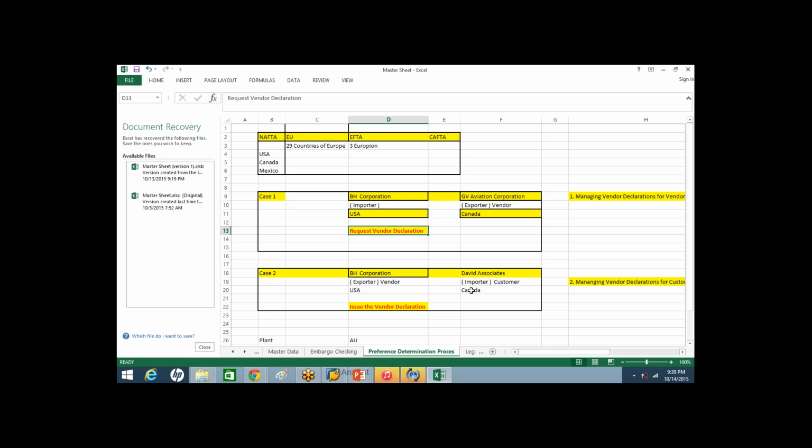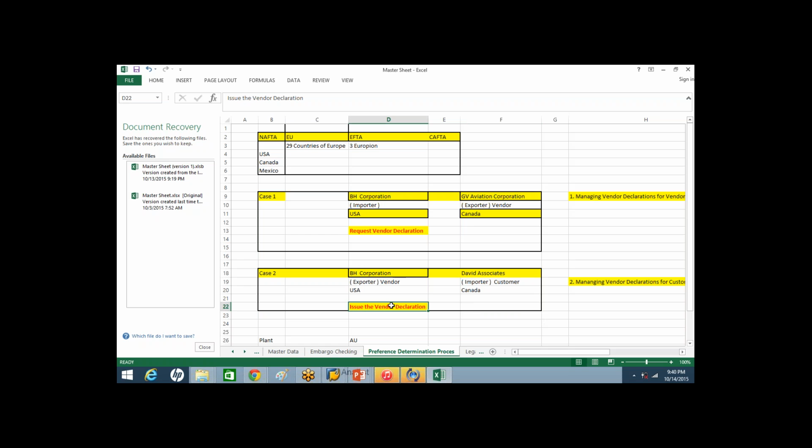The importer in Canada. That is, in our diagram, David Associates, because the customer called David Associates in Canada is getting the goods from the BH corporation. So these people need the vendor declaration. Then who has to issue it? Bell Helicopters, right?